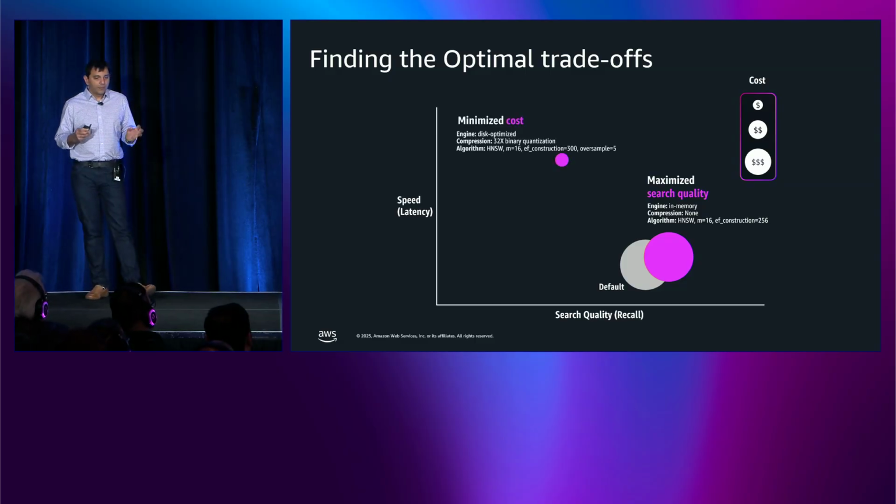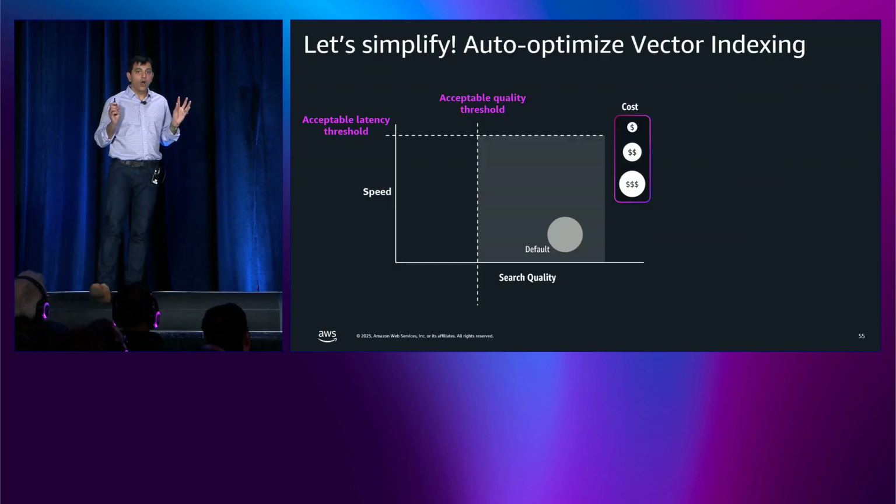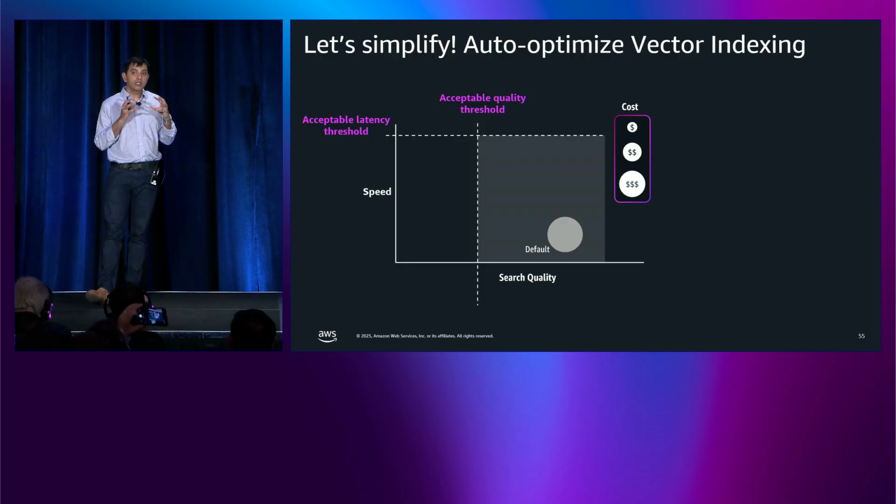To kind of address some of these challenges, what we launched yesterday is Auto Optimize. So Auto Optimize is a workflow where you upload your data. We take that data and then run through a bunch of different experiments to find out which combination of latency and recall that you've specified, what is the lowest cost option for that.